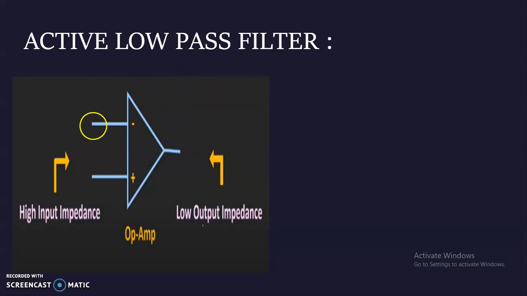Now, why we use an op-amp is because it has got a very high input impedance and a very low output impedance. So it can be very conveniently used as a buffer or even as an amplifier, because when the signal passes through the filter circuit, there is attenuation of the desired signal as well.